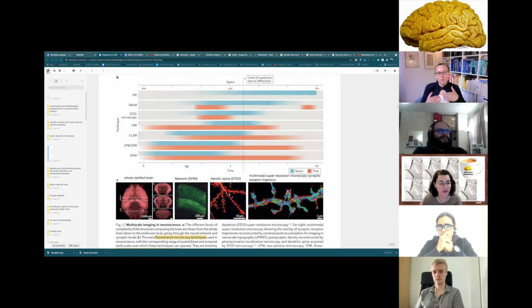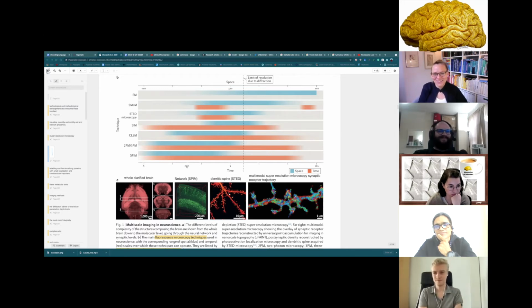And by combining the different levels of granularity in the complexity of the brain and different methods, we can combine cortical areas, receptors, connections between areas, and actually get a whole brain, whole system understanding of how the structure and the function work, which will still take us a couple of years. Otherwise, we will be out of a job tomorrow.